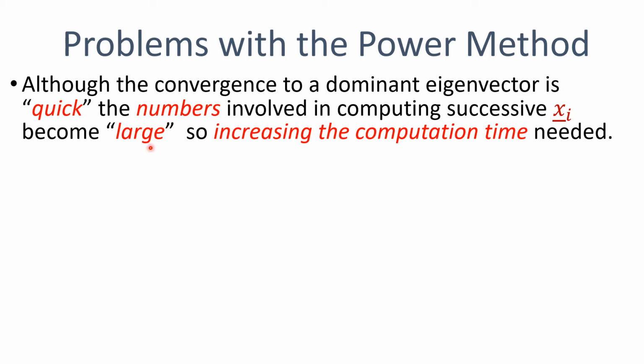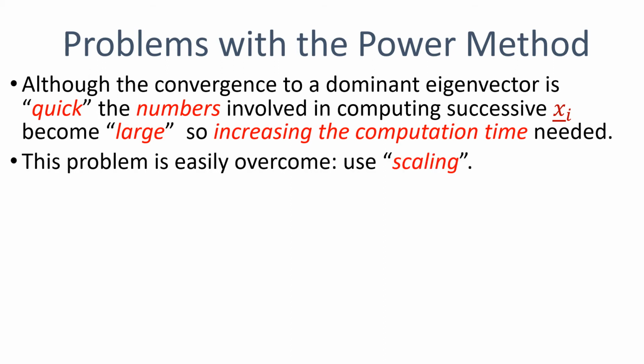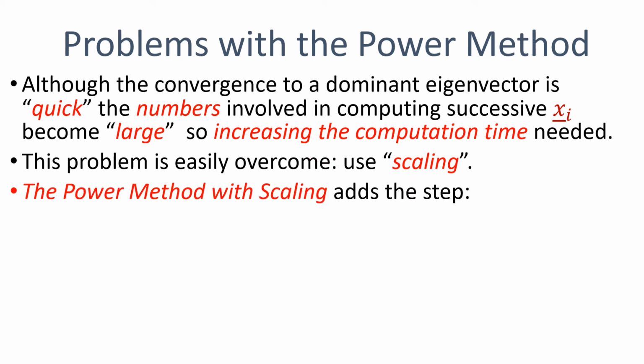They could have 10, 20 digits or more, and therefore what we find is the computation time involved increases. Now, it's quite an easy problem to overcome. There's a method we can use, which is called scaling.